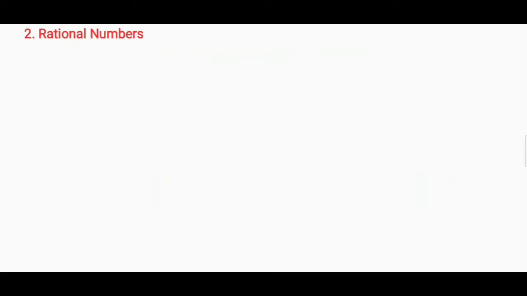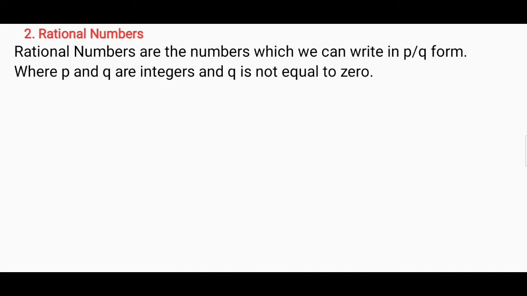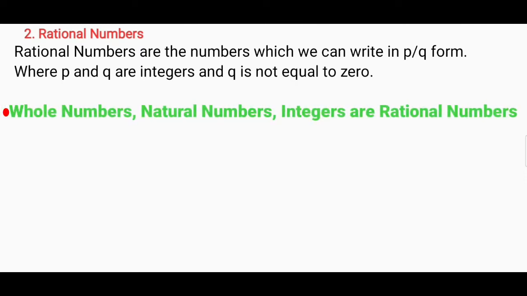Now let's discuss rational numbers. Rational numbers are the numbers which we can write in P upon Q form where Q is not equal to 0. All whole numbers, natural numbers and integers are rational numbers.